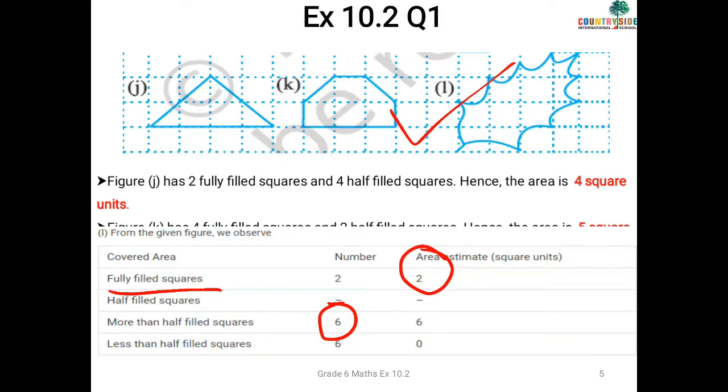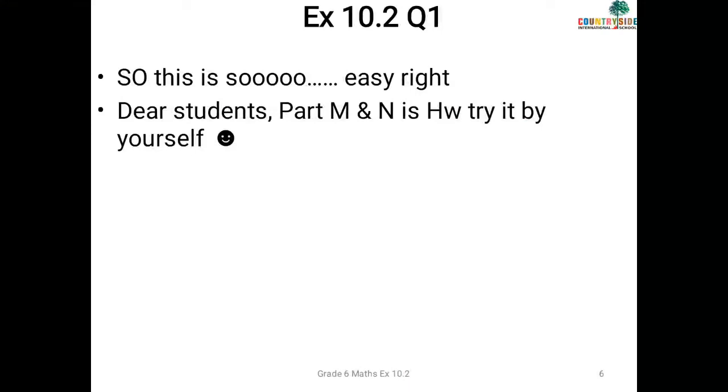And if you remember, in the very beginning we saw the rules. If it is more than half, we will consider it as 1, so 6 more than half, so 6. Less than half, that is 6, so it will be 0. So the total you will get is 8. 6 plus 2, that is nothing but 8. So yes, this was so easy.